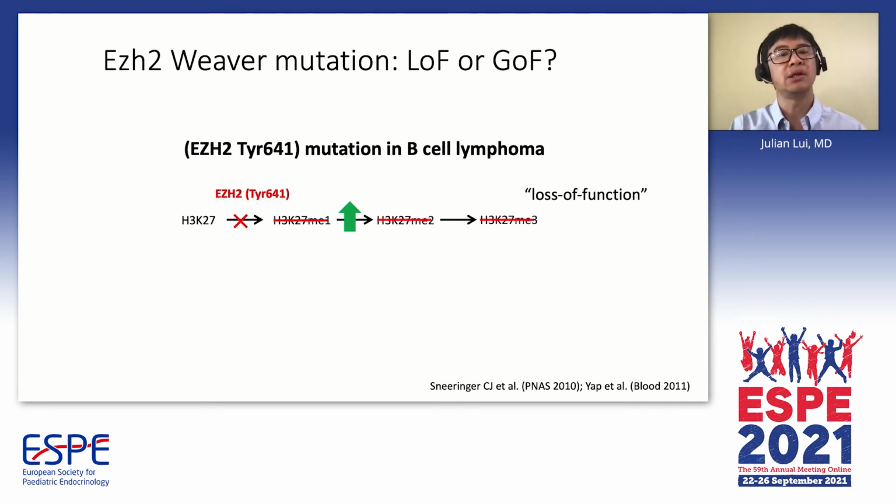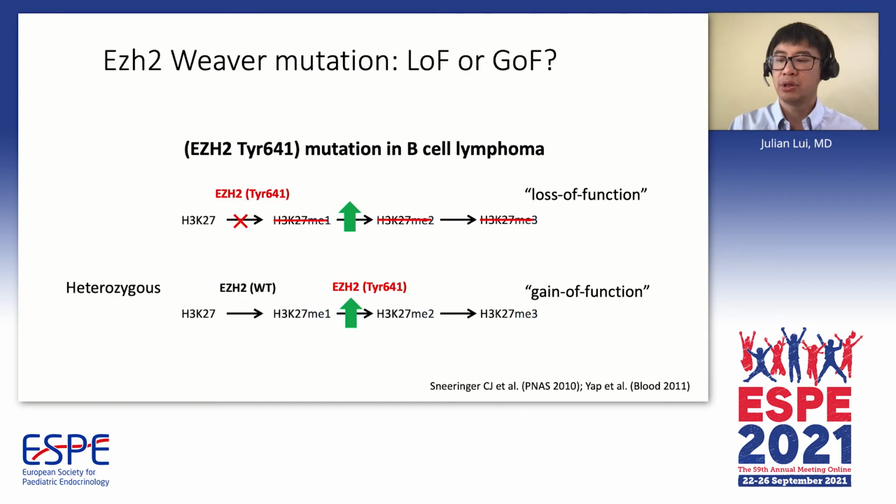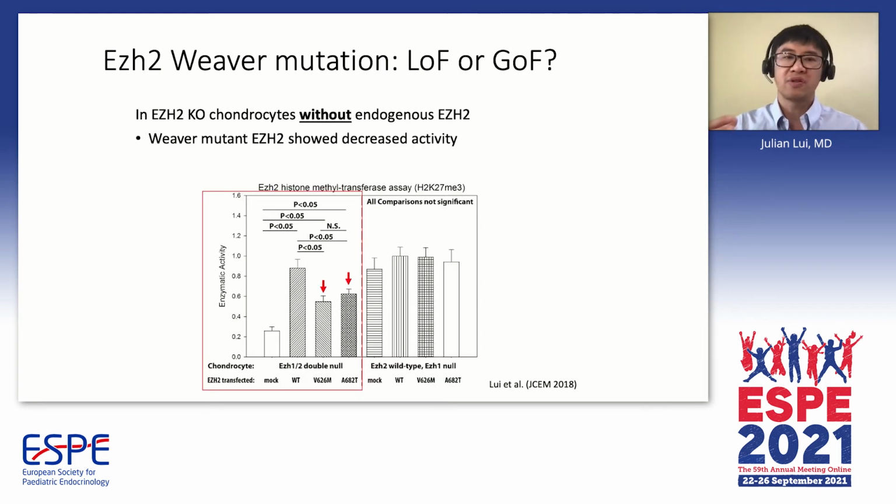And so if you study the mutation on its own, it will look like a loss of function because it can't perform the first step of this reaction. But if you study it in a heterozygous state, it would actually turn into a gain of function mutation because the wild type was able to perform the first step, sort of a coordination between the wild type and the mutation. And so when we study Weaver syndrome, we should have this in mind.